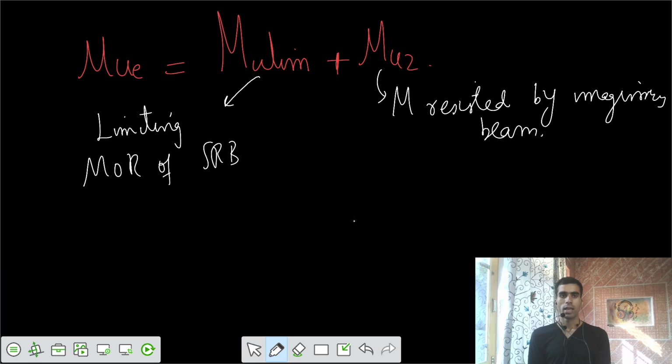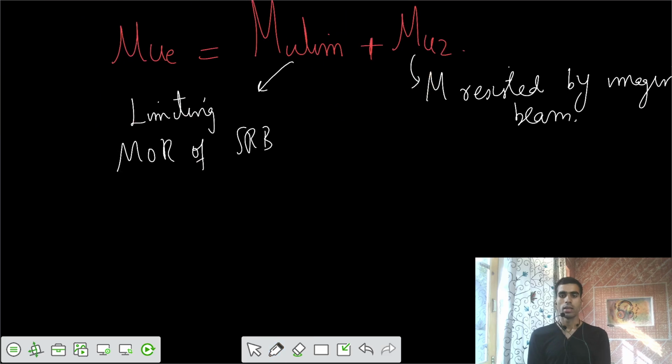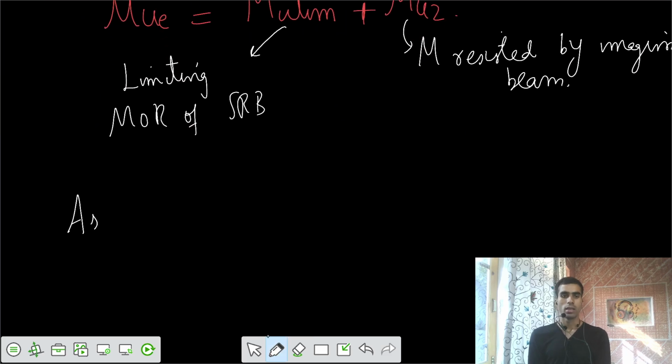So some of the steel, the total steel is AST, we are using some steel AST total, and that total AST we are providing in the actual doubly reinforced beam is the sum of AST limiting plus some AST2.